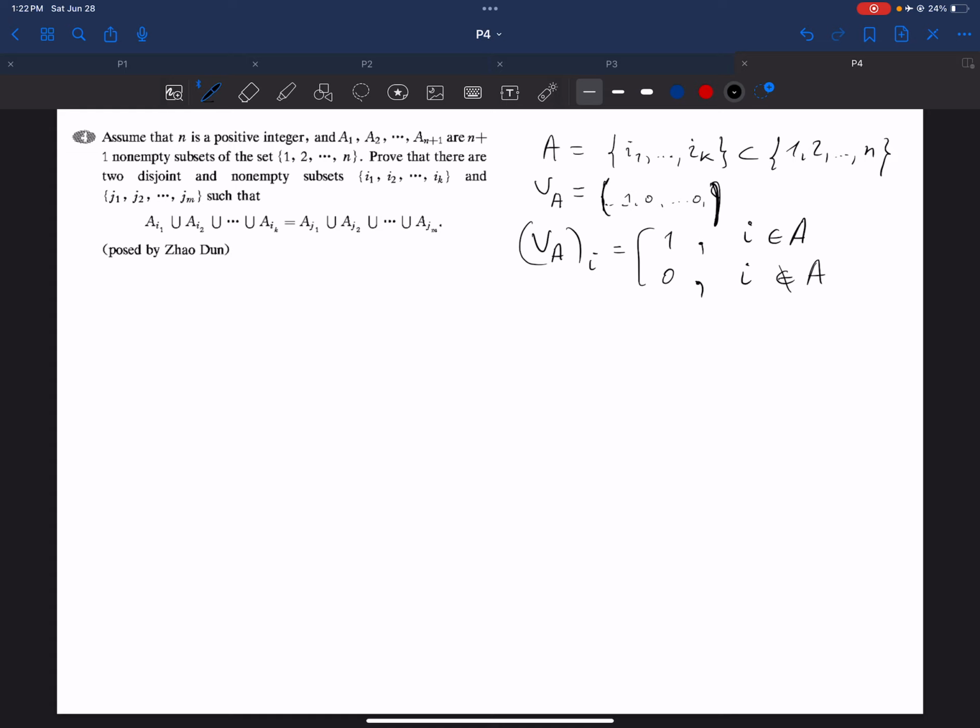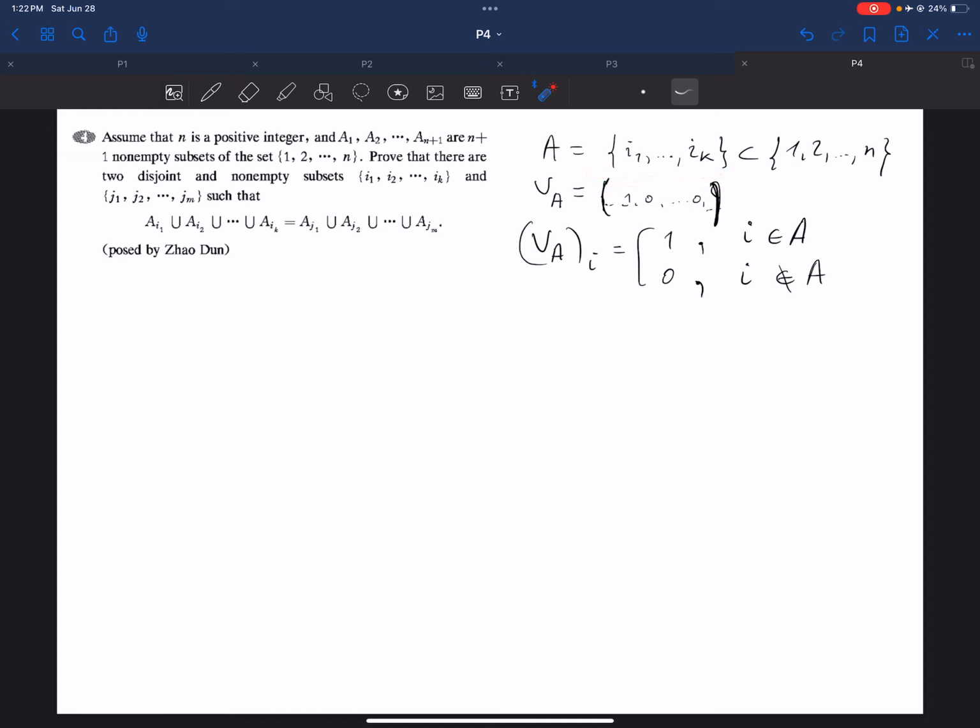What does it mean? Well, it's kind of like an indicator set. Position number P has 1 if element P is in the set, and it's 0 if element P is not in the set.